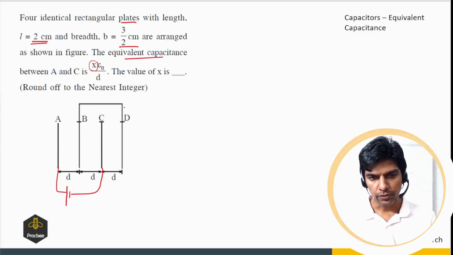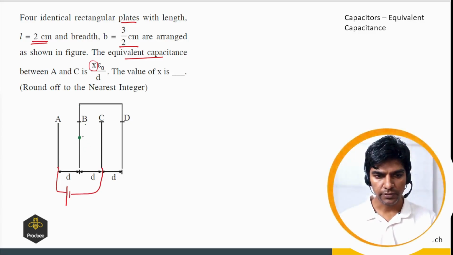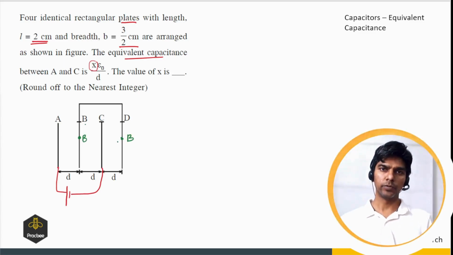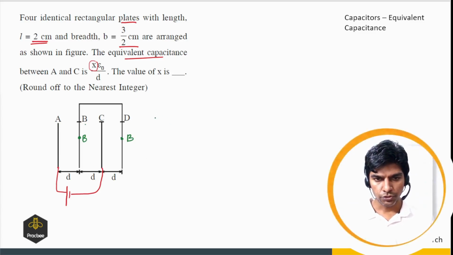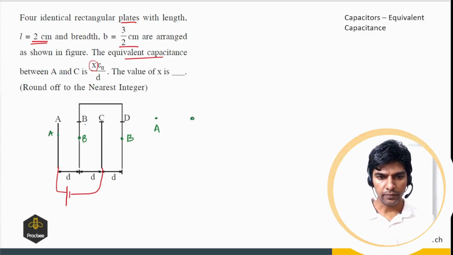B and D are joined together with a connecting wire, so we can say the potential of B is the same as potential of D. So if this is B, then I can also call this B, because they are equipotential. Now let us show the equipotential points. So we have A, so I'm calling this plate A. Then we have B, and then I'm calling this plate C.